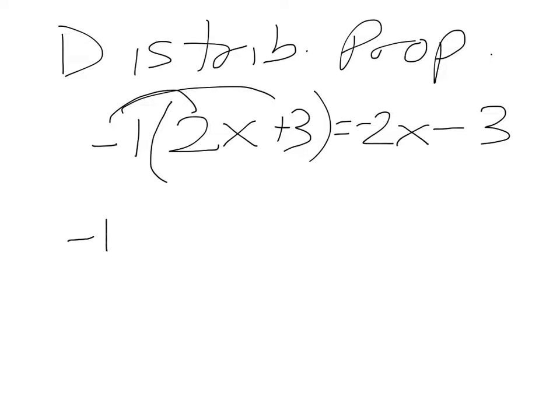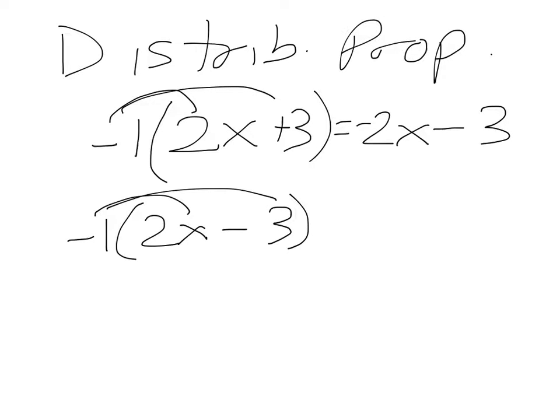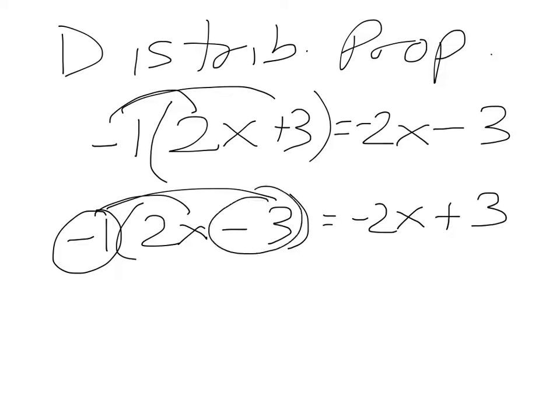If I had negative 1 times 2x minus 3, when I distribute the negative 1, I would get negative 2x plus 3, because remember, a negative times a negative is a positive.